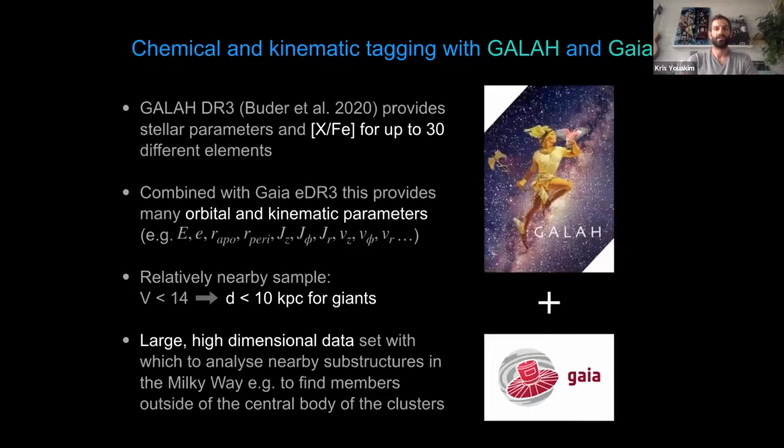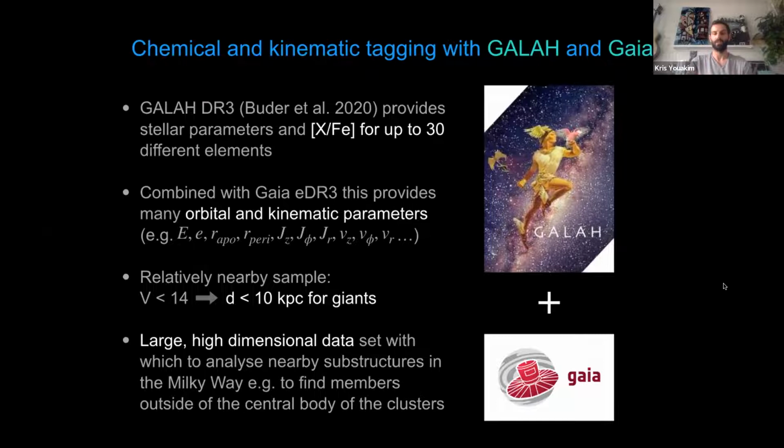So why is GALAH a particularly good data set for this? Well, GALAH DR3 provides us with stellar parameters and chemical abundances for up to 30 different elements. When we combine this with the latest data release of Gaia, we also get many orbital and kinematic parameters as well, such as energy, eccentricity, distances, actions, angles, velocities, etc. As I briefly mentioned, GALAH focuses on bright stars, so it's a nearby sample, but we can still probe out to about 10 kiloparsecs for giants.